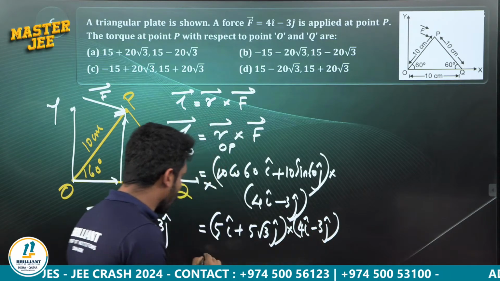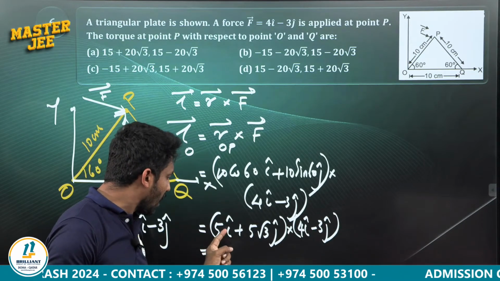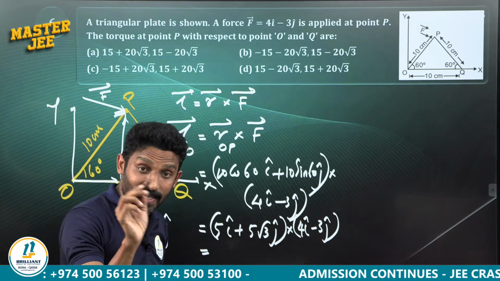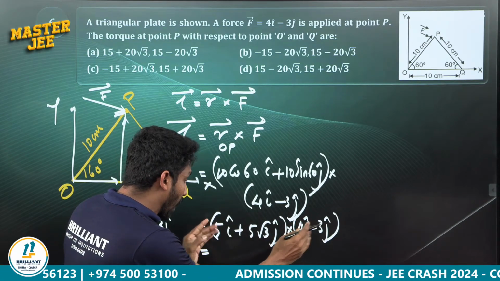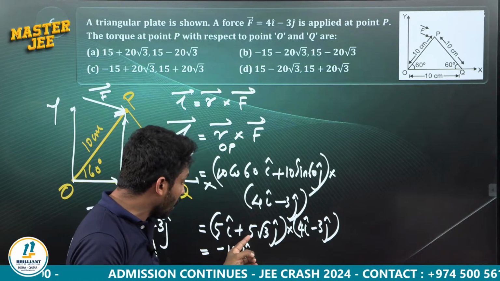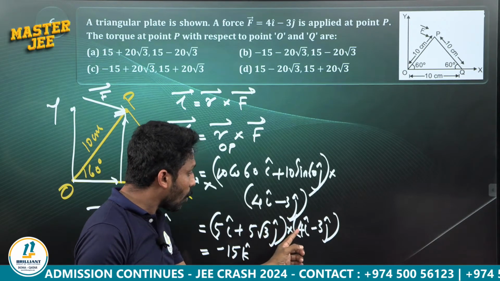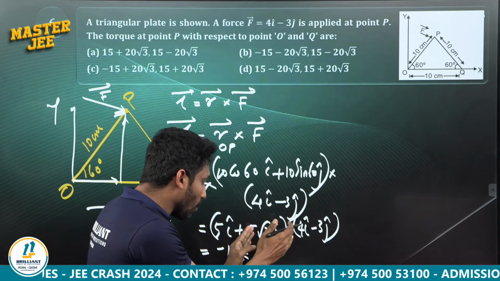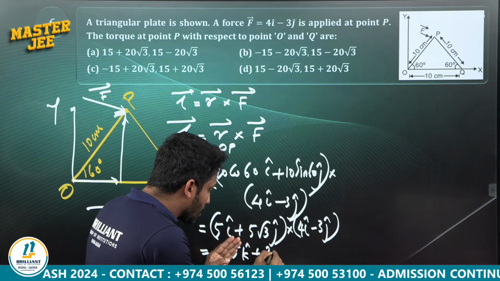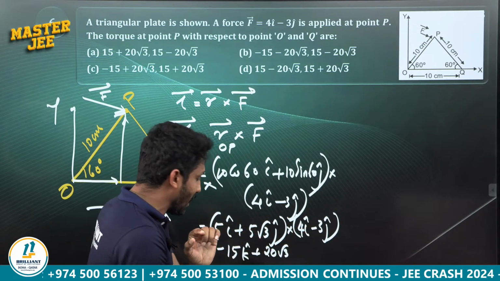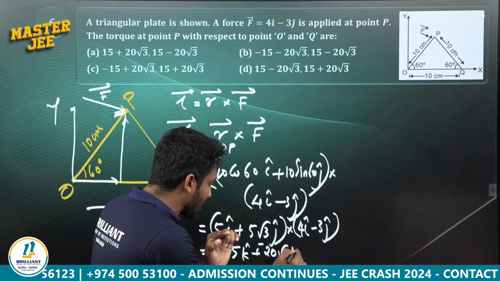Isn't it? Now the cross product. See, the first term i cross i becomes 0. The second term i cross j is k. So it is 5 into minus 3, that is minus 15 k cap. Clear? Now the third term, 5 root 3 j cross 4i. 5 root 3 into 4 is 20 root 3, and j cross i is minus k.